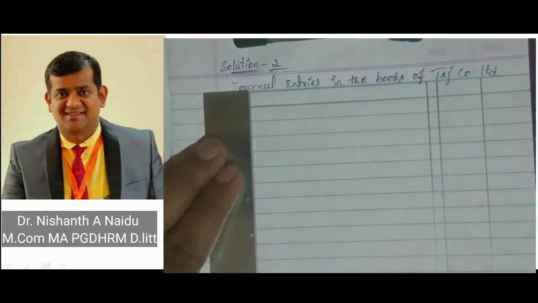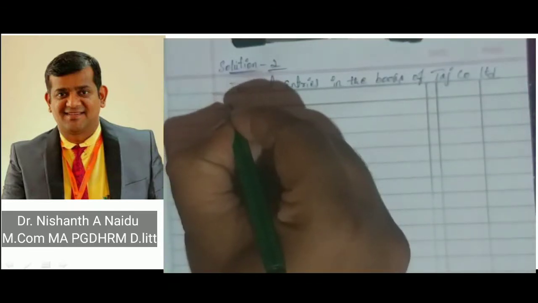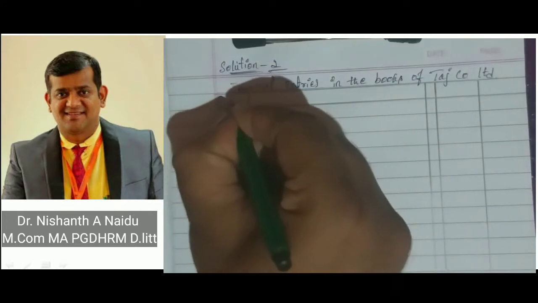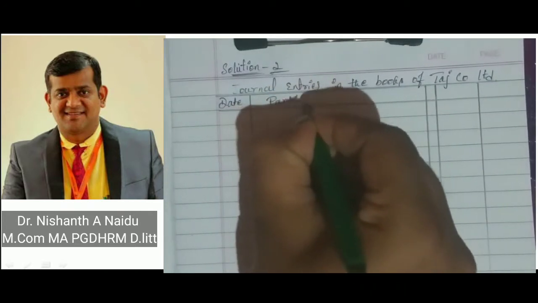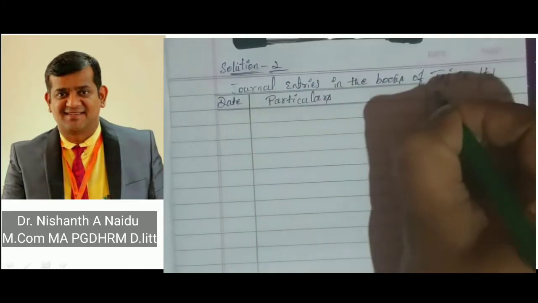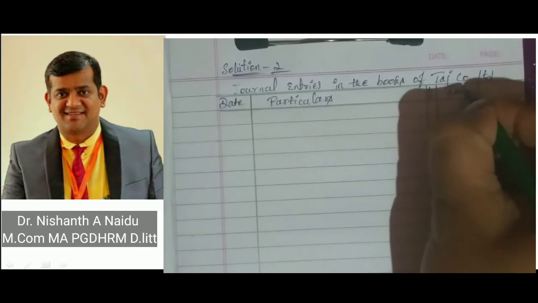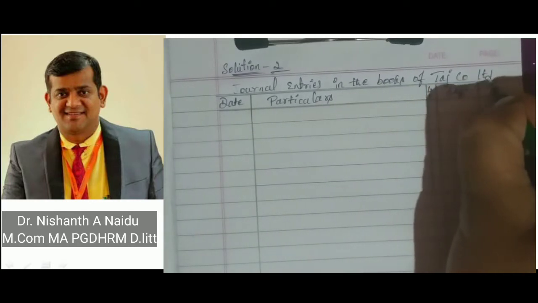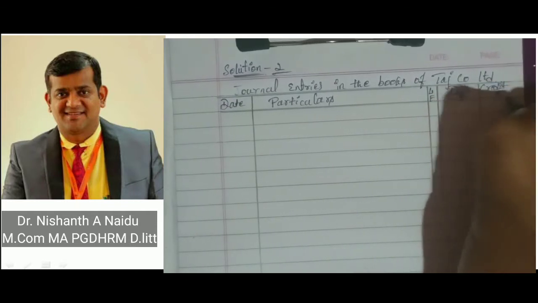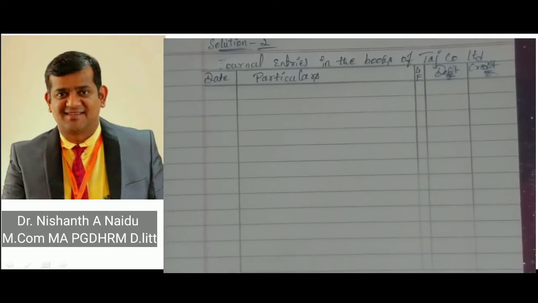So I'm done with the table. Let me fill the table. It is going to be date, particulars, LF, debit column, and I'm marking it rupees also. Then credit column, also marked with rupees. So I'm ready with the table for journal entry.